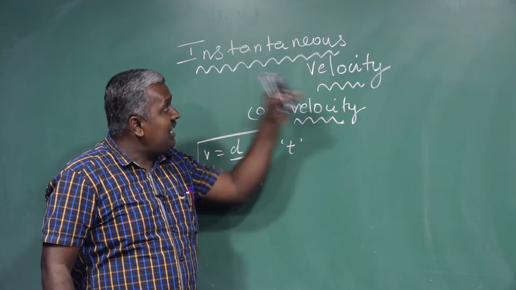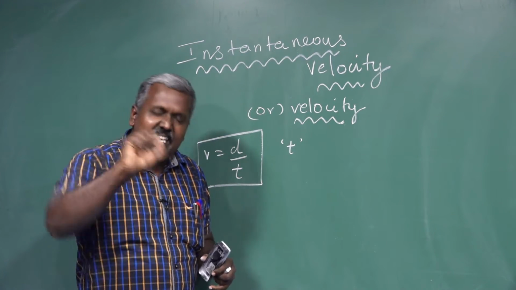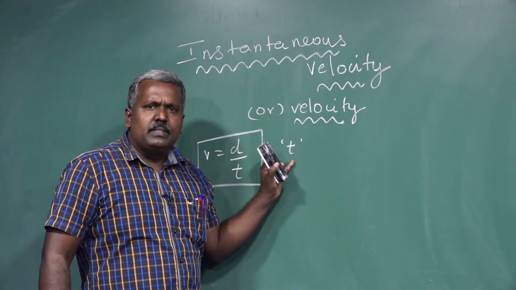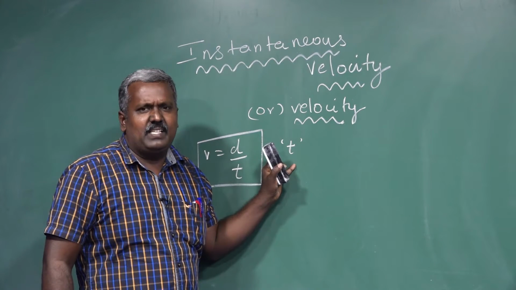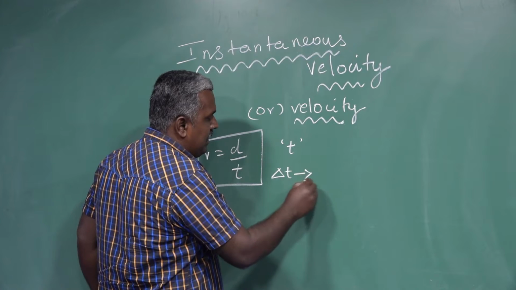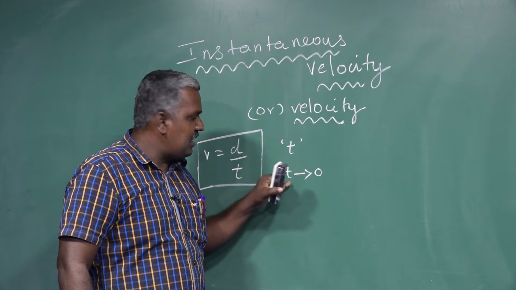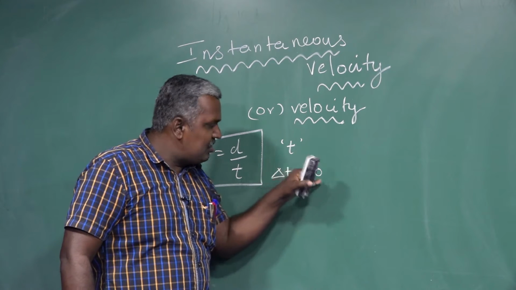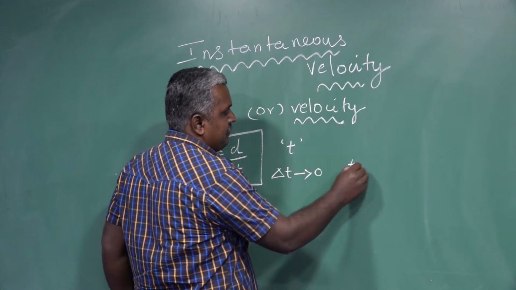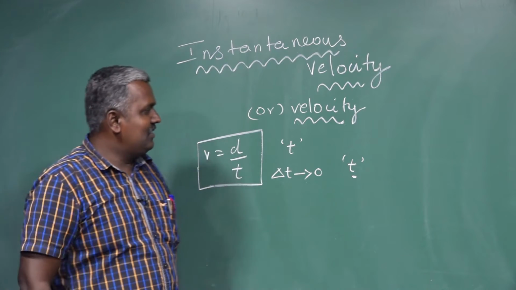So instantaneous velocity at any instant t is defined as the limiting value of average velocity as delta t tends to become 0. This is important. Delta t means time interval, tends to become 0, evaluated at the time t. Clear? Any doubt?